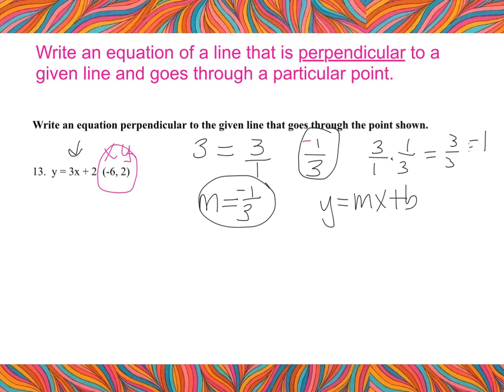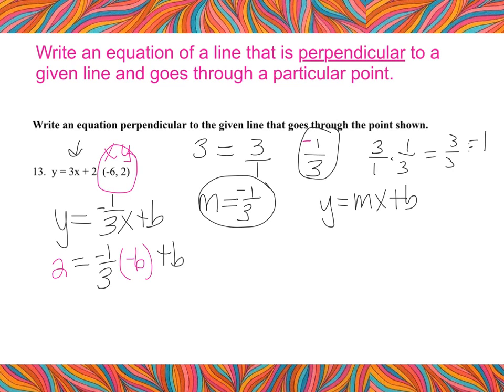So instead of y equals, we could start with putting our slope in: negative 1/3 x plus b. I'm now going to take the 2, which is my y value from that point, and then I still have my negative 1/3, and now my x value, which is negative 6, plus b.